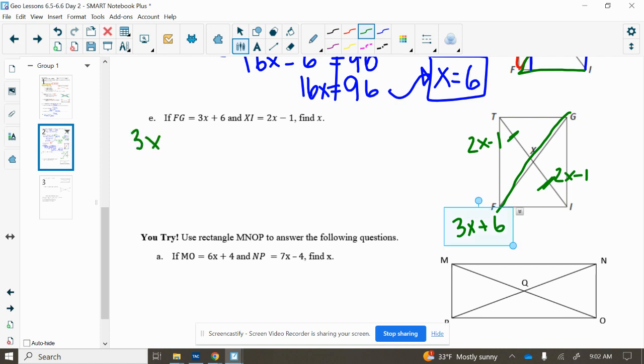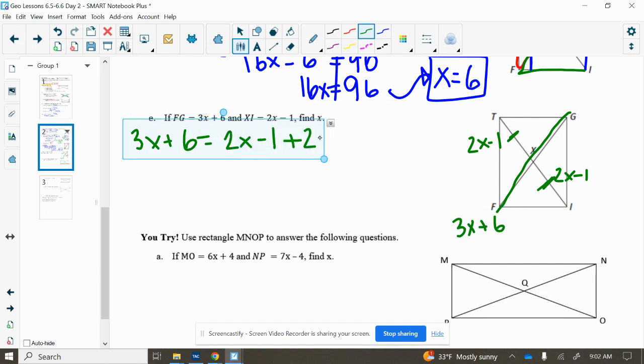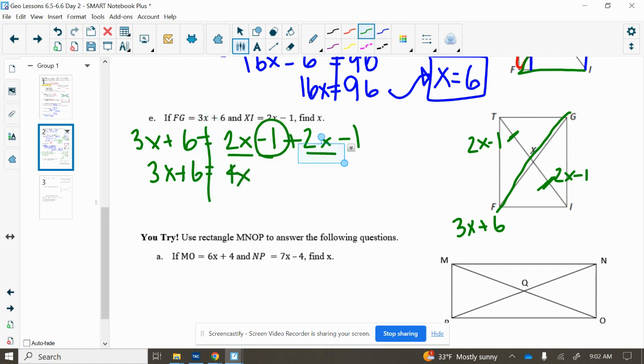So that whole diagonal, 3x plus 6, has to equal our two little diagonals added together. So combine like terms before we move things over. 2x plus 2x is 4x. Negative 1 minus 1 more is negative 2. Now we can start moving across the equal sign, subtract 3x over, and add 2. X is going to be 8.